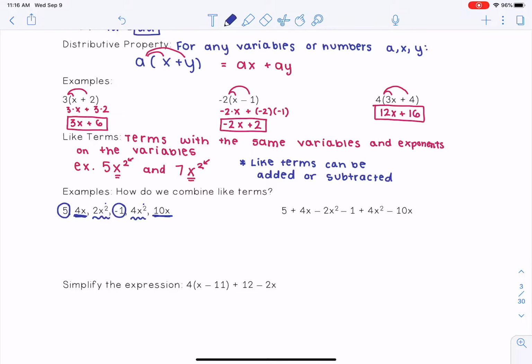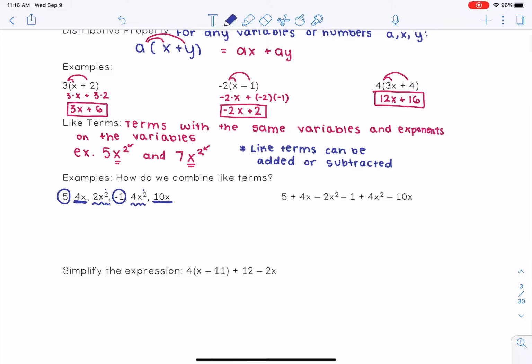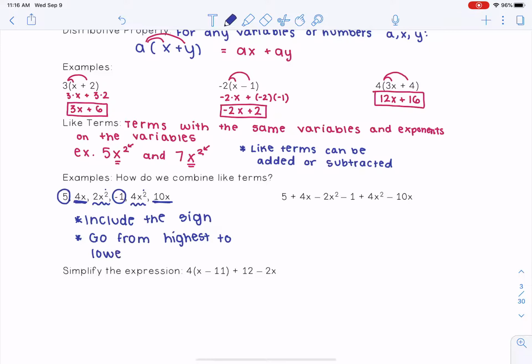So what I'm going to do to combine them is just add them up, but I'm going to include the sign. And I'm going to go from highest to lowest power, or highest to lowest exponent. So let's see. I'm going to start with my x squared.